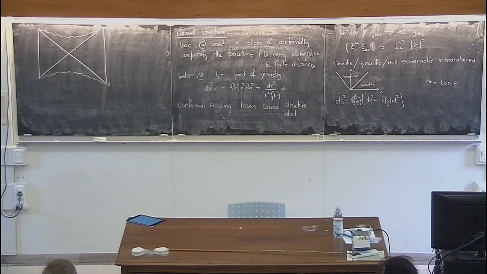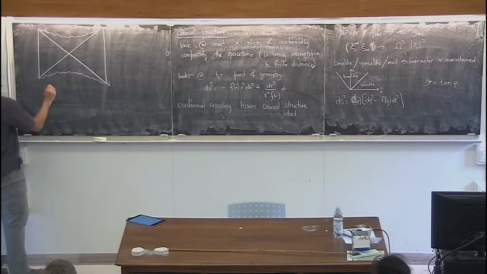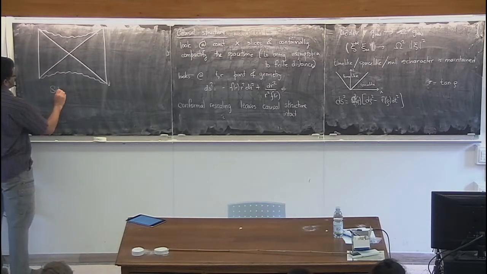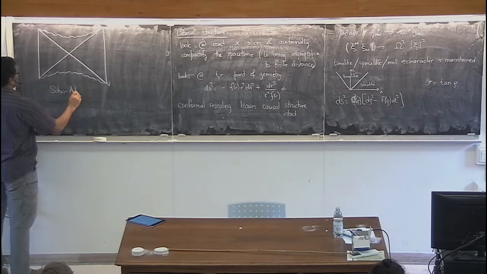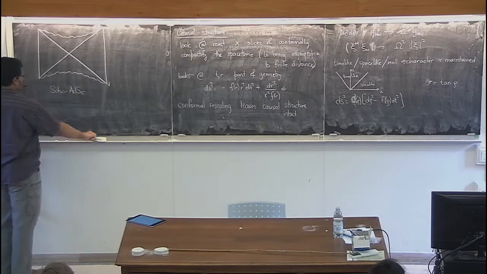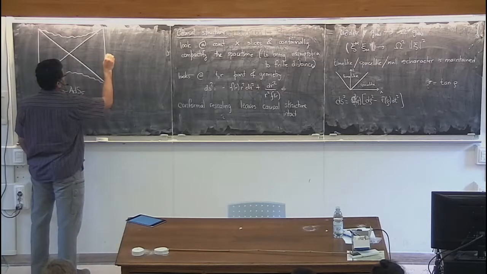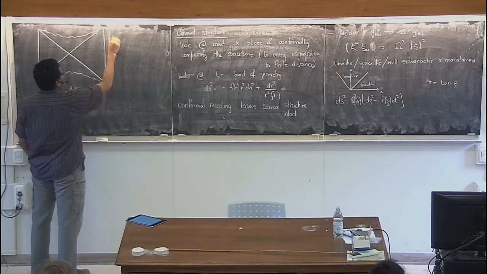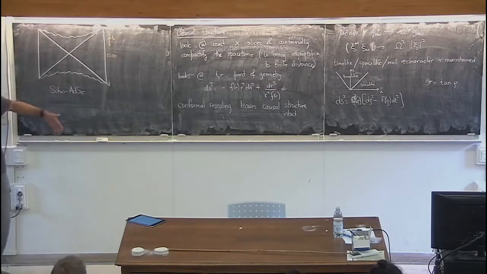This is the Penrose diagram for AdS Schwarzschild. This is the r equals infinity domain. This is parameterized by t. I'm taking a slice at constant x. So there are three x directions which I'm suppressing. They run out of the board.